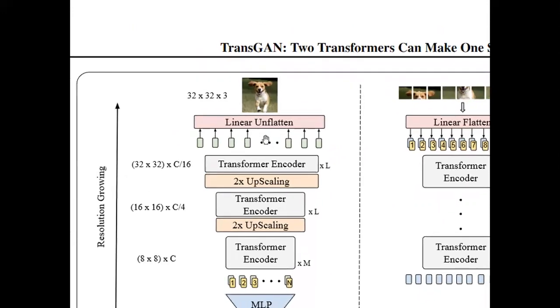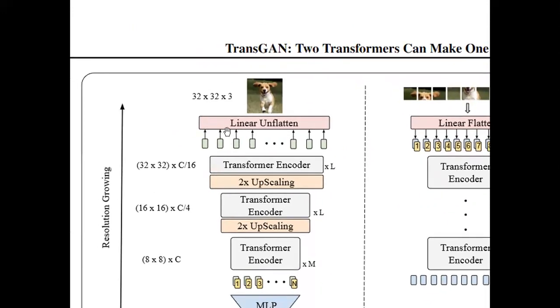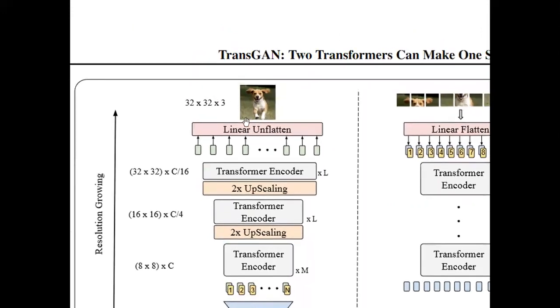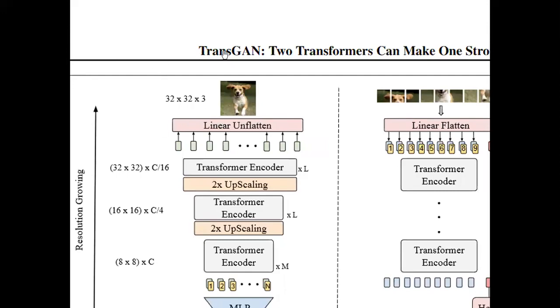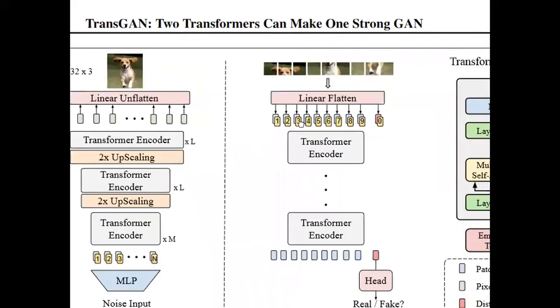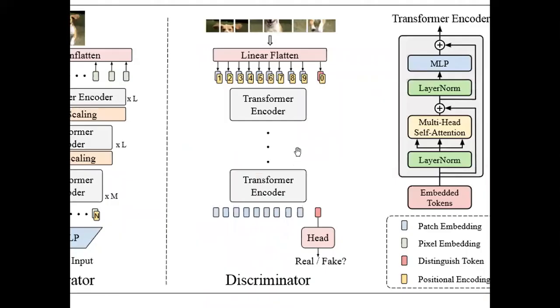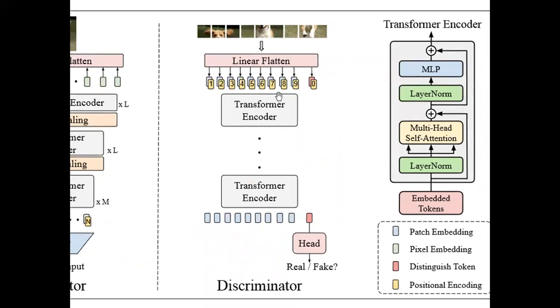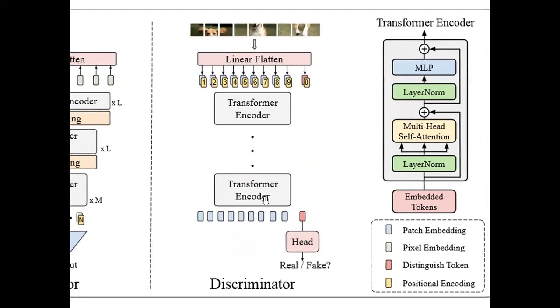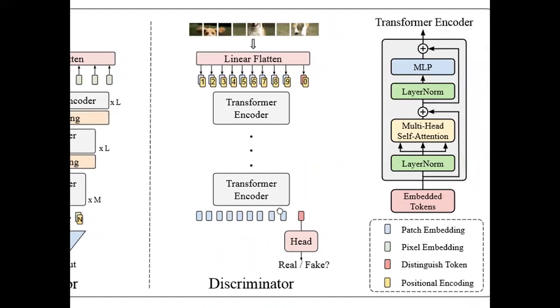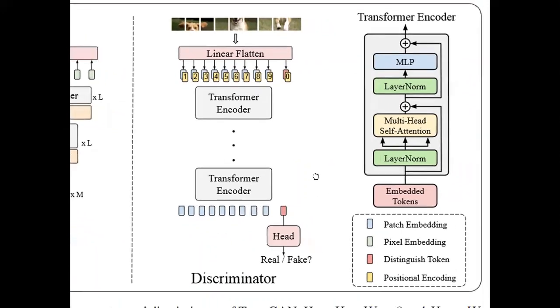After that, we put in the linear unflatten in order to get this image. After that, we put it in the discriminator, which is the same as in vision transformers. Here we just classify this image as fake or real.